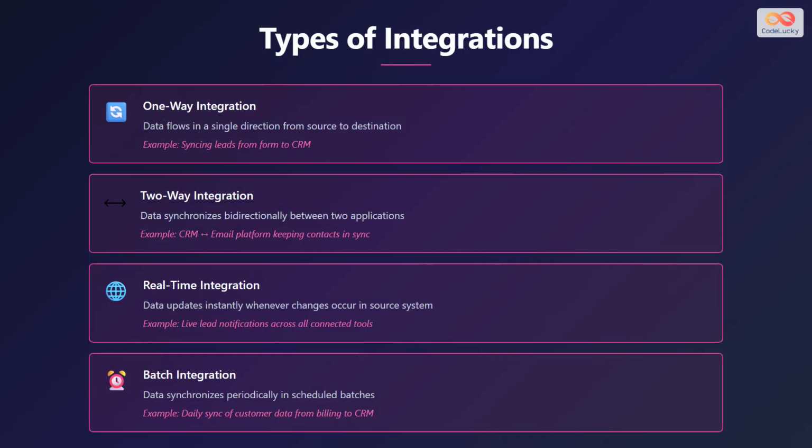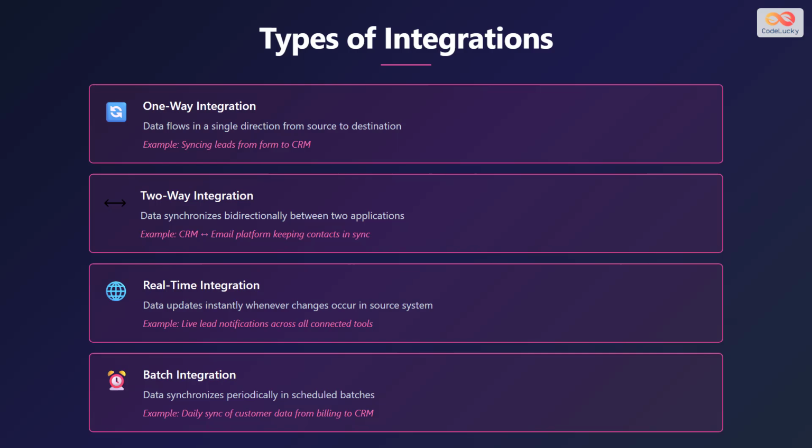There are four main types of integrations. One-way integration means data flows in a single direction from a source to a destination, like syncing leads from a form directly into your CRM. Two-way integration synchronizes data bidirectionally between two applications, such as keeping contacts in sync between your CRM and email platform.